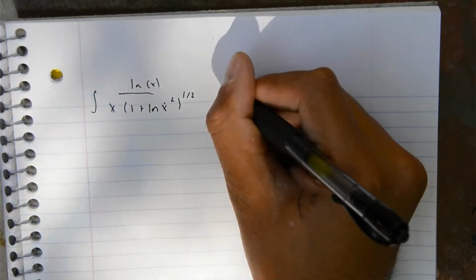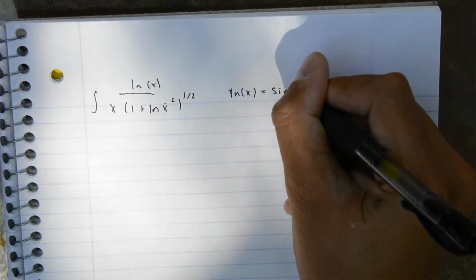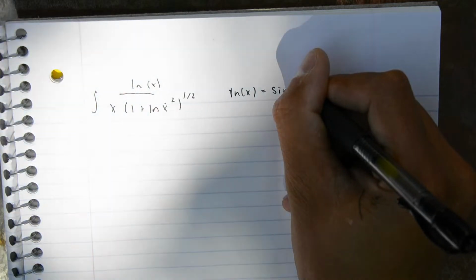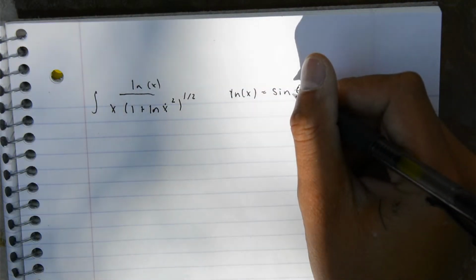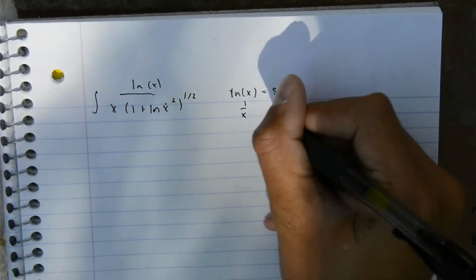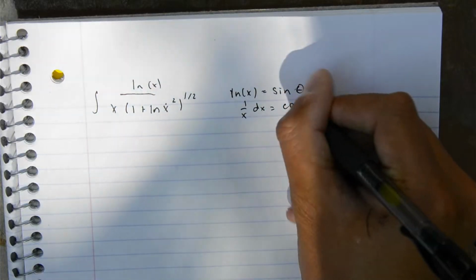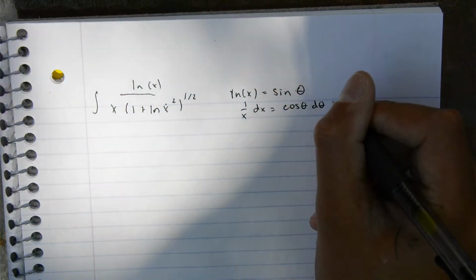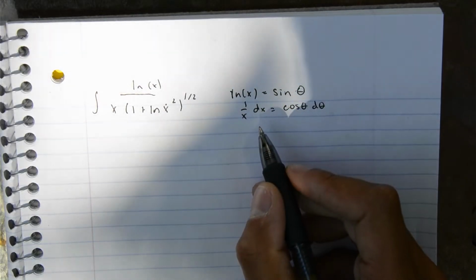I think we might want to do a ln x equal to sine theta conversion. Do it implicitly. We get 1 over x dx is equal to cos theta d theta. Oh, this might work.